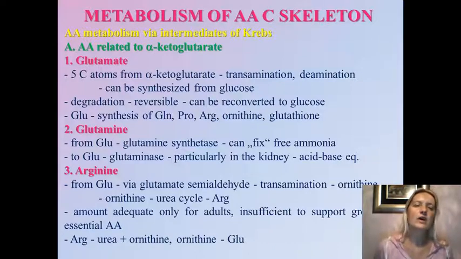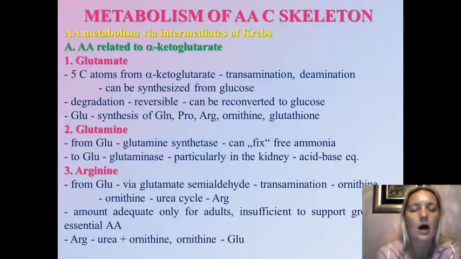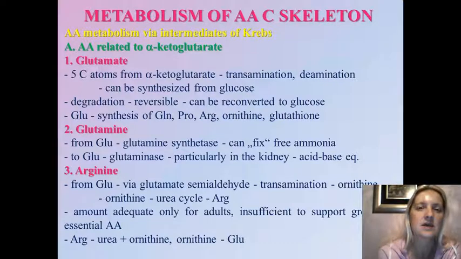Now we are moving on to amino acid metabolism via intermediates of the Krebs cycle, if you remember from our overview slides. So first, amino acids which are related to alpha ketoglutarate, and the first one is glutamate. The 5 carbon atoms of glutamate can be obtained from alpha ketoglutarate in the famous reactions of transamination or deamination.